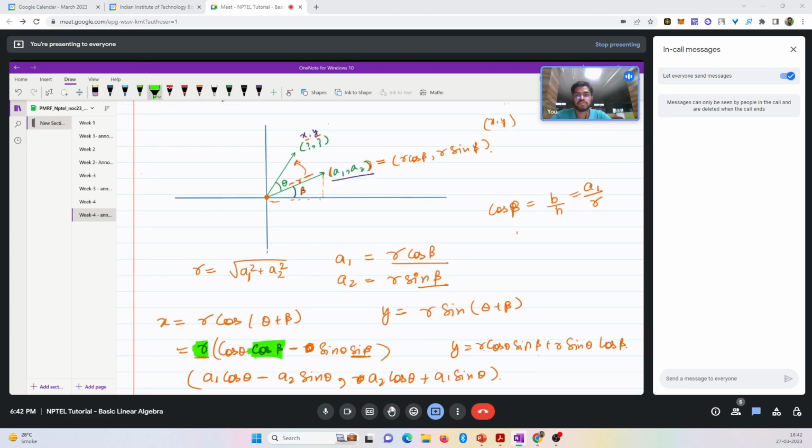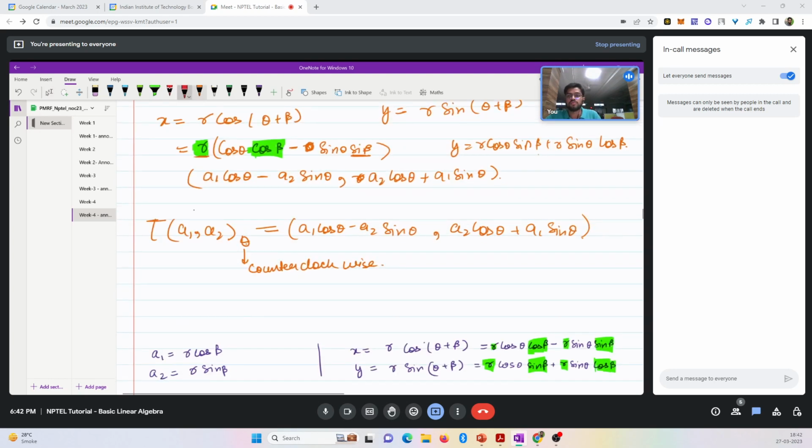Intuitively, if you want to see how it is a linear transformation, let's say you first rotated it with angle theta 1, and then you rotated it again with angle theta 2. In order to prove this is a linear transformation, what you have to prove is that T of x plus y, or we should rewrite it as T of theta 1 plus theta 2, is T of theta 1 plus T of theta 2.